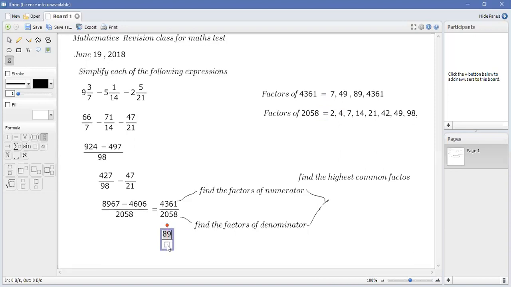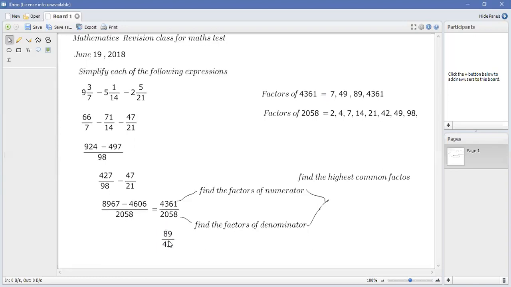When you divide 2,058 by 49, how much you get? 42. All right. Now this can break down some more, but we're going to have to convert it to a mixed fraction first. You get that?